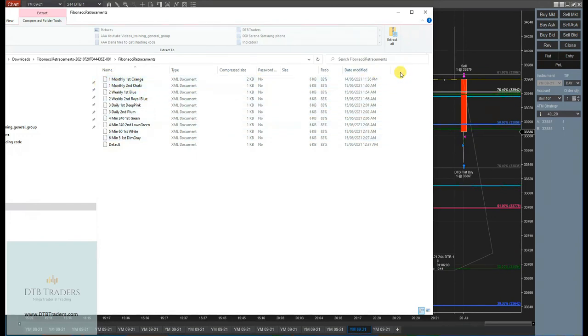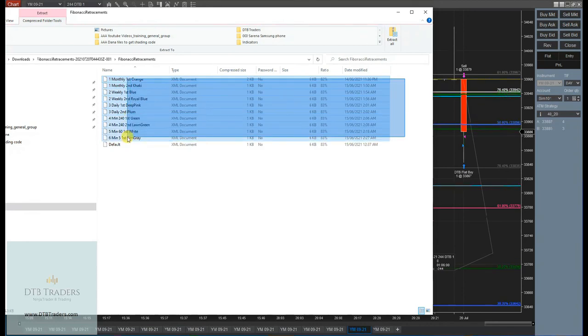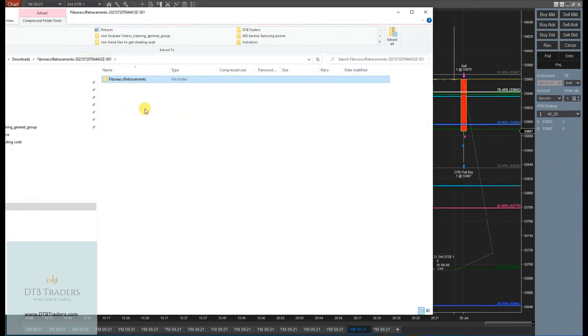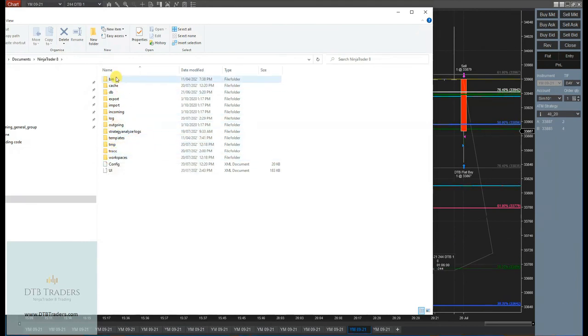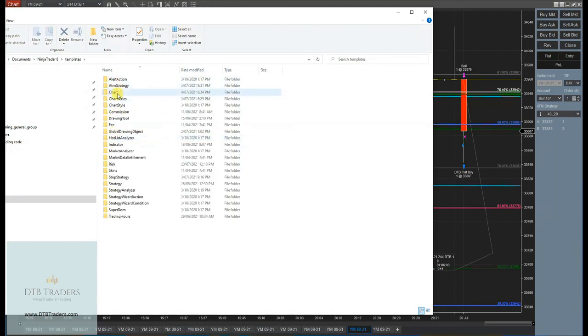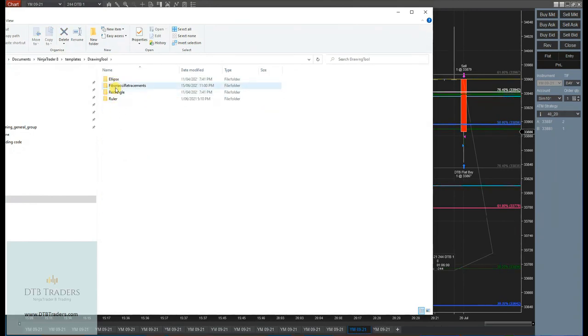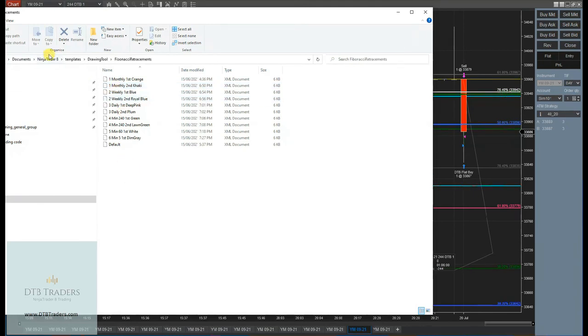So I've downloaded it, and I'm going to select them like this. These are all the ones used in that indicator. I'm going to copy this whole folder, then go to my documents folder, NinjaTrader 8, templates, and in the templates we've got drawing tools, and in the drawing tool is Fibonacci retracements.